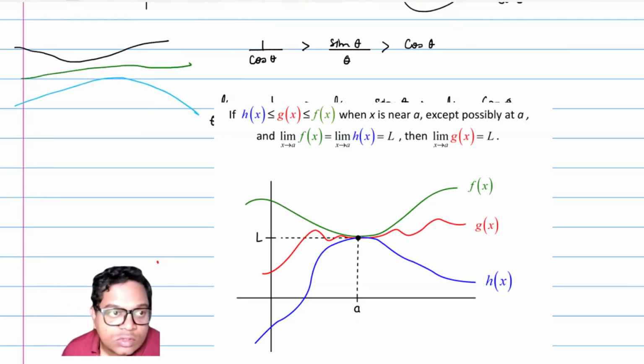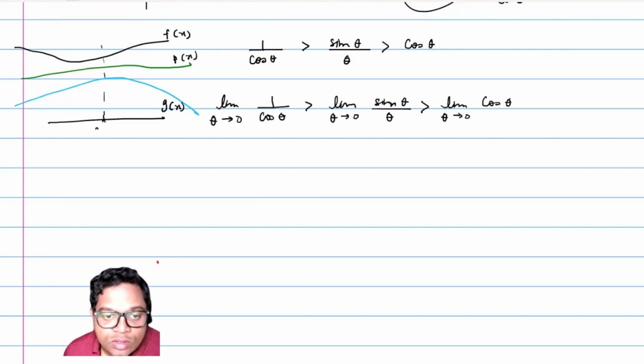here we have a function f of x, here we have a function g of x, and this is another function, say p of x. And we are talking about a point on the x-axis, which is say x equal to a. So from the graph, we can see that f of x is greater than p of x is greater than g of x.